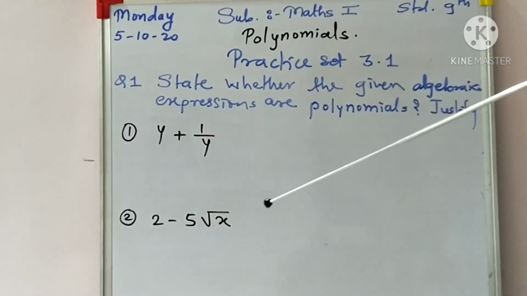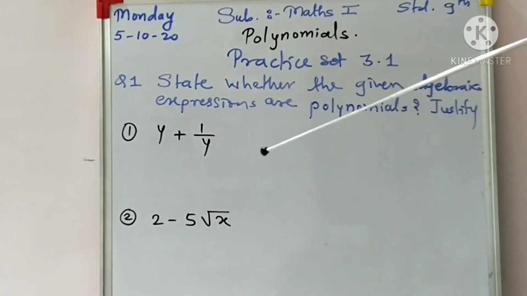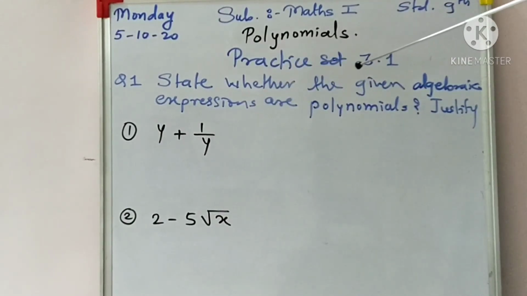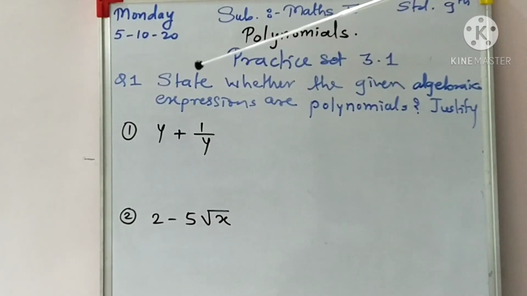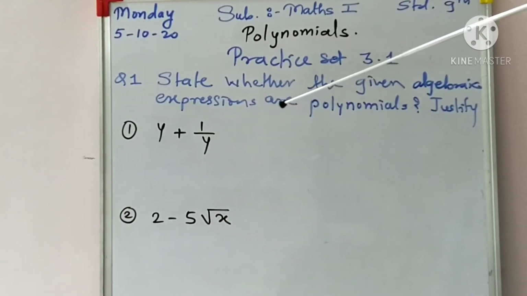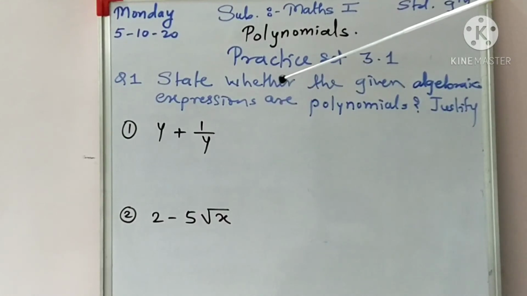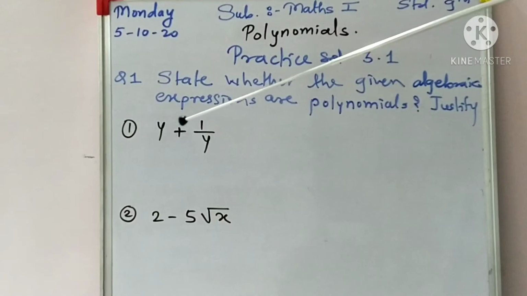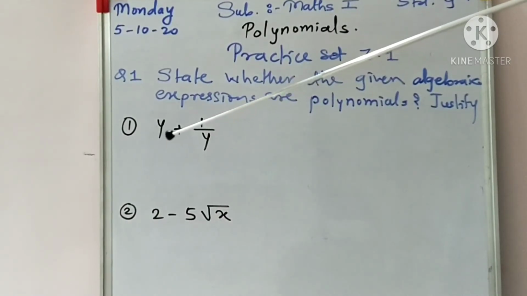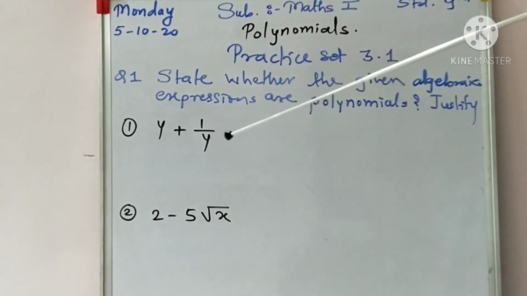Now using all the concepts we studied, we have to solve practice set 3.1. The first question is: state whether the given algebraic expressions are polynomials or not, and justify your answer. In the first example, the expression is y plus 1 upon y.